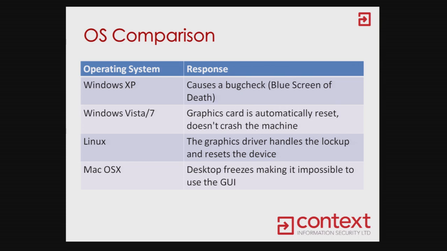Linux itself doesn't actually have any OS component which is doing the scheduling. So it's actually the graphics driver in this case which is handling this lockup, and it will do a similar thing to Vista and 7 where it will reset the graphics card, although it's obviously dependent very much on the graphics card you're using. And finally, OS X. OS X is heavily reliant on 3D graphics for its GUI.